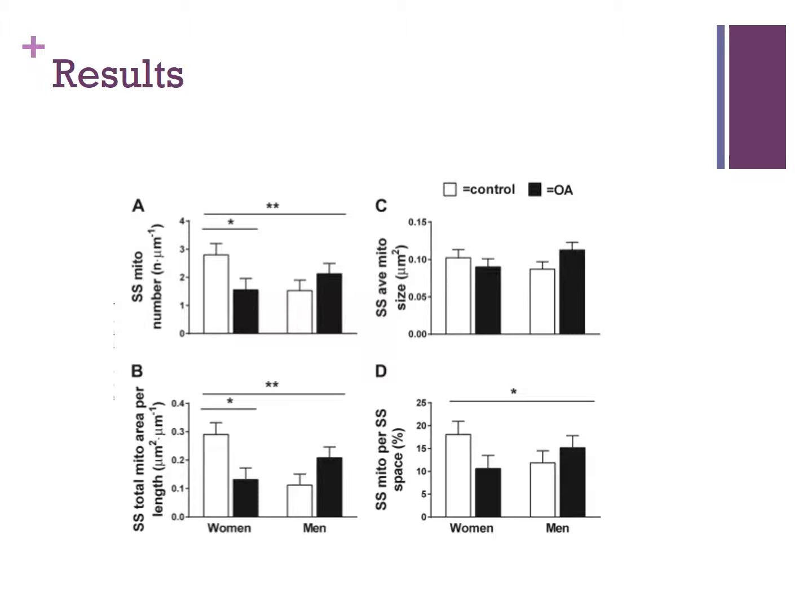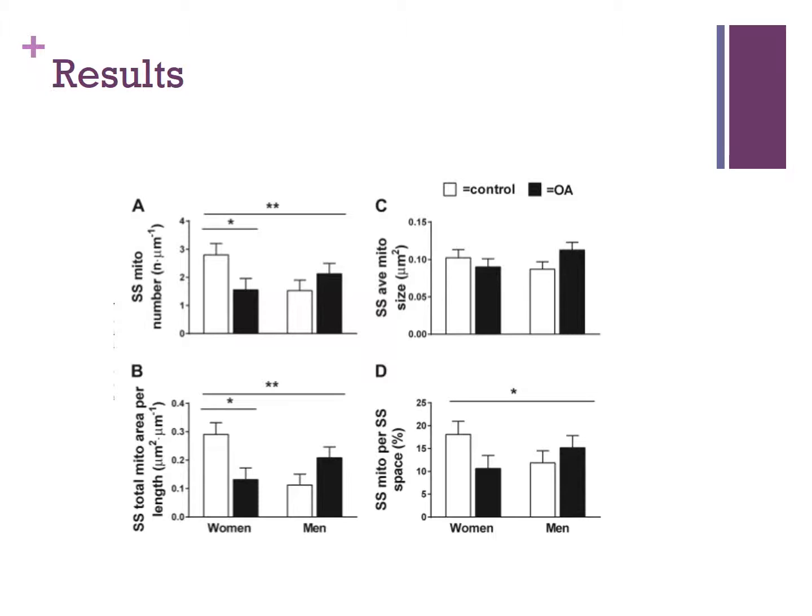So there was a difference in SS mitochondrial number content along the whole length of the sarcolemma, which is what A shows. In B, it shows that there was a difference between men and women of the SS mitochondrial content per sarcolemma length. Also, there was a difference between control and the experimental group for the women.